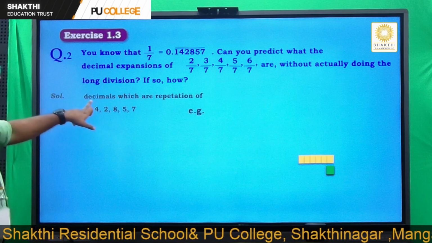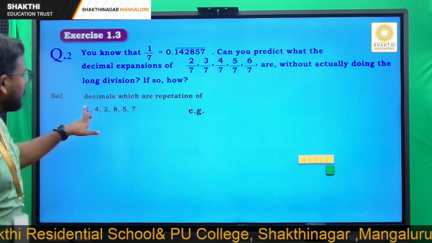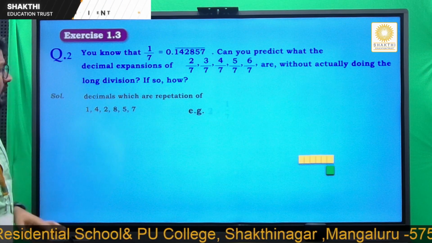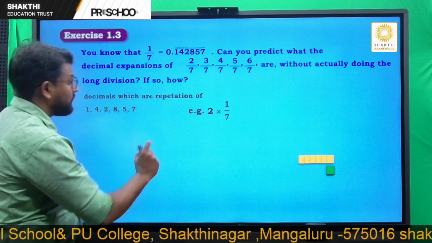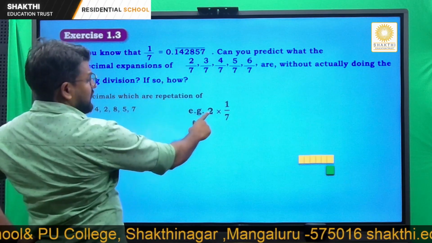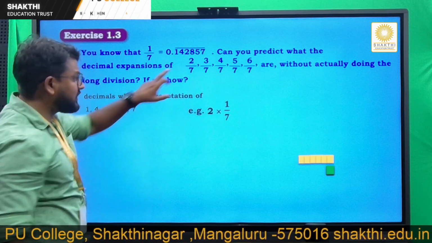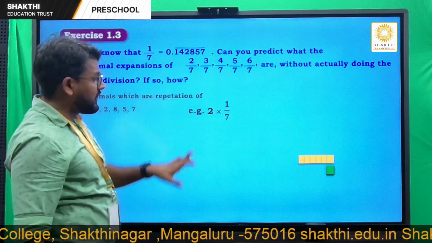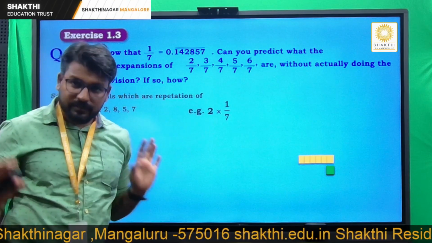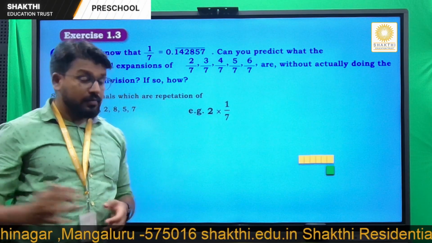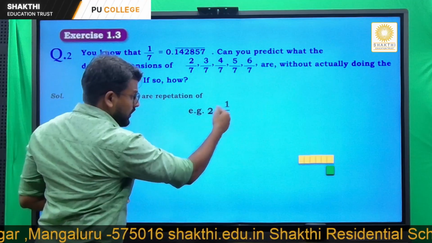Students, you can see that for 2 by 7, the rational number is 2 by 7. I can write 2 by 7 as 2 into 1 by 7, right? Obviously I can do that, because 2 ones are 2, 2 by 7, same thing.